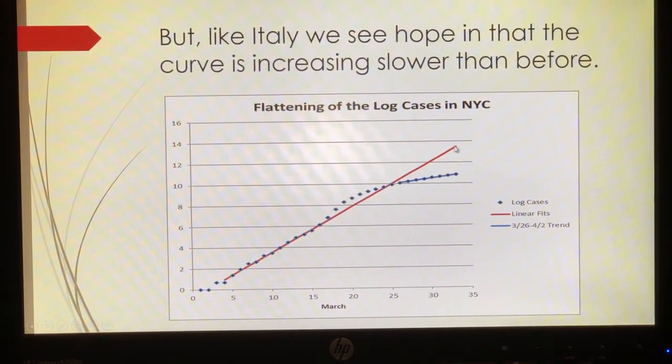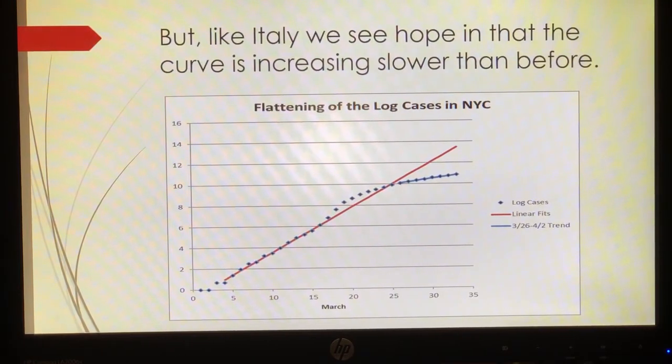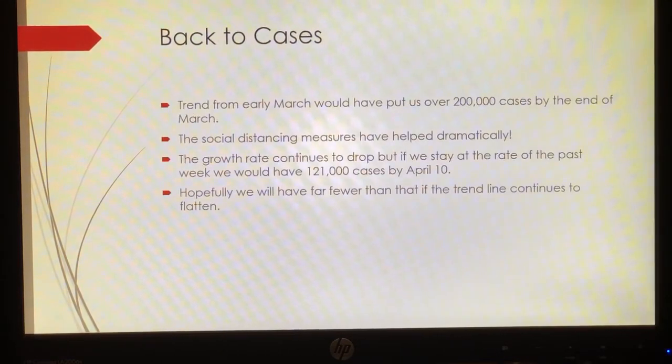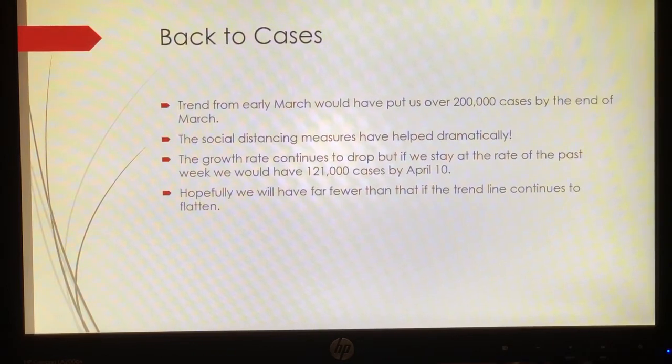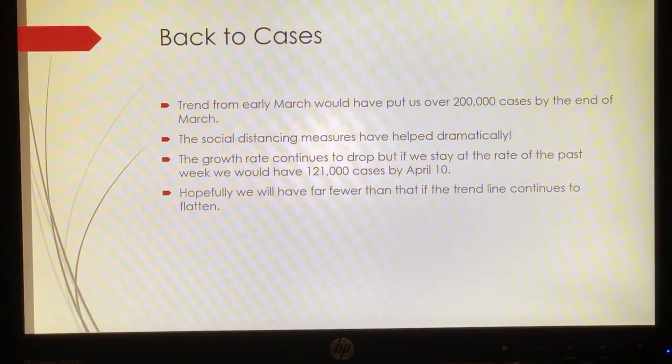And this gap between the red line and the current data, that's essentially a measure of the effect of social distancing. So we can take those differences between the red line and the actual data and how it played out in the world, and look at the effect of social distancing in terms of the number of cases prevented. So if we would have stayed on that red line, the trend line from early March, we would have well over 200,000 cases by the end of March.